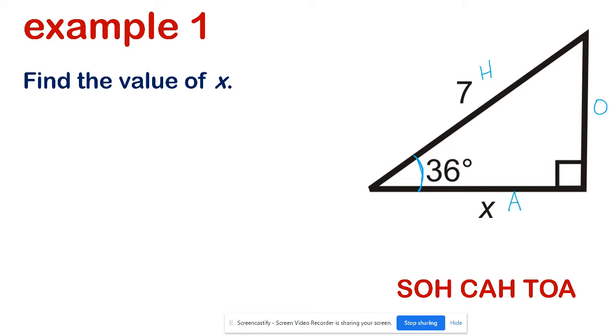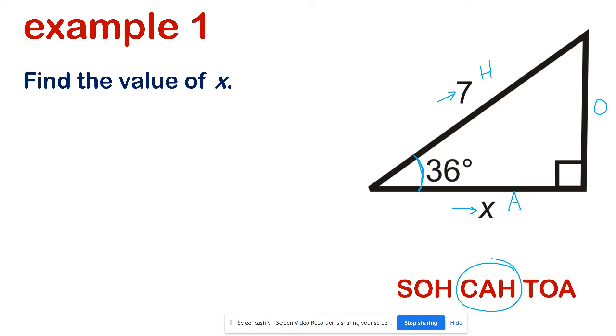So when I look at the side I know already, that's the 7. And the side that I'm trying to figure out, that's the x. I know that I'm dealing with the hypotenuse and the adjacent. So if I think about my acronym, SOHCAHTOA, I know hypotenuse and adjacent uses the cosine. Cosine is equal to the adjacent over the hypotenuse. So now I want to set up that equation.